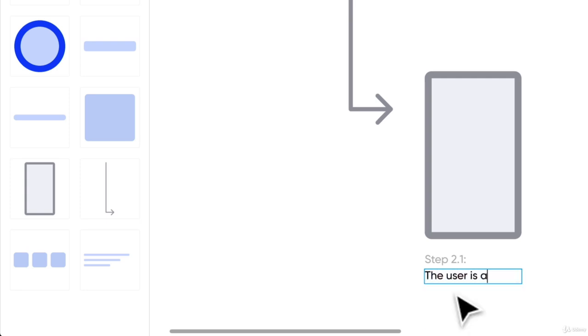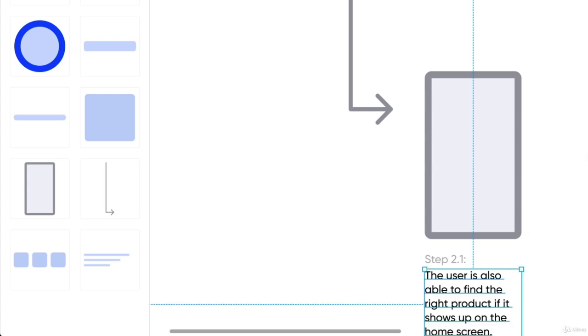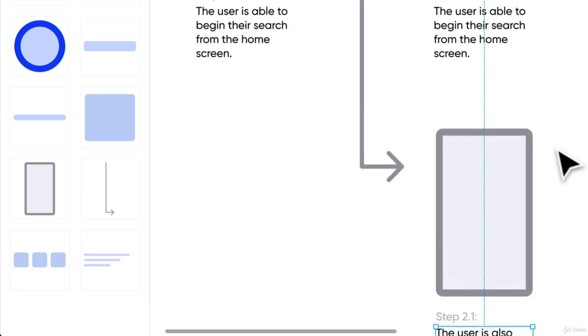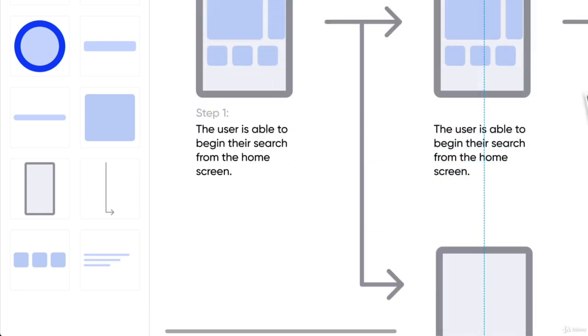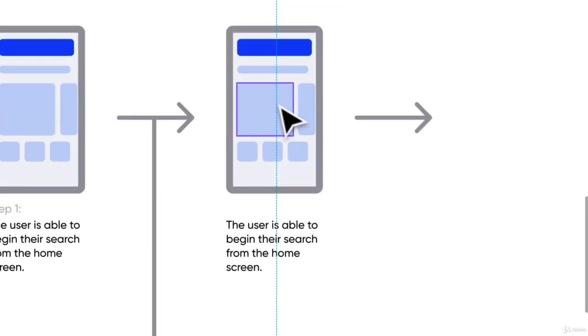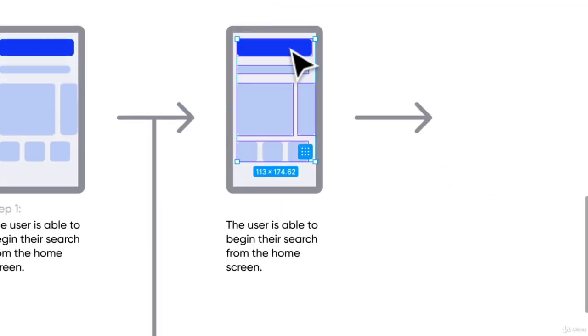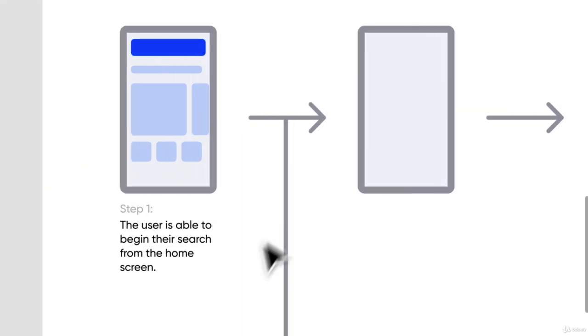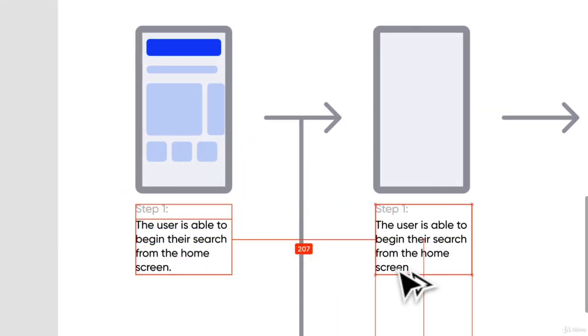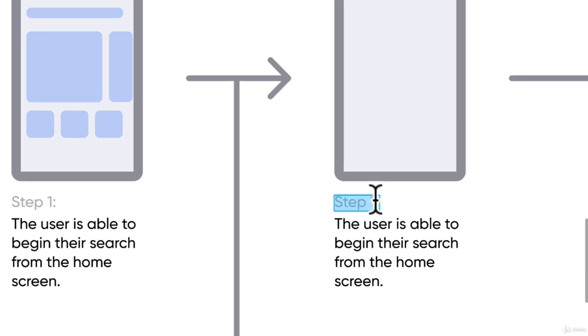The user is also able to find the right product if it shows up on the home screen. So we can actually create a flow for that if we want to afterwards. Now I know that it's just there as a reminder. So the user is able to begin their search from the home screen. Okay, and what happens next? So the next step, let's just copy that over. Perfect. Step two. Actually, let's just finish this off just a little bit.